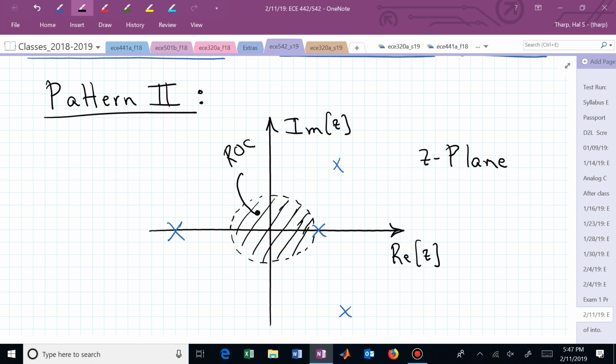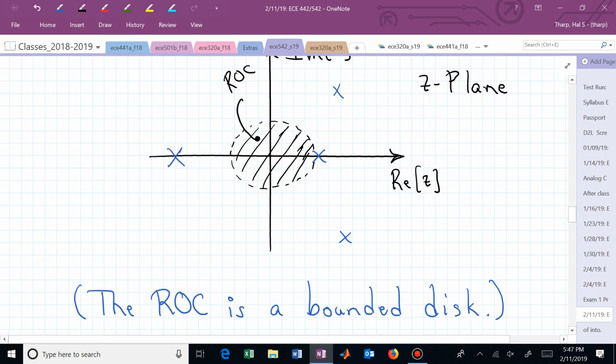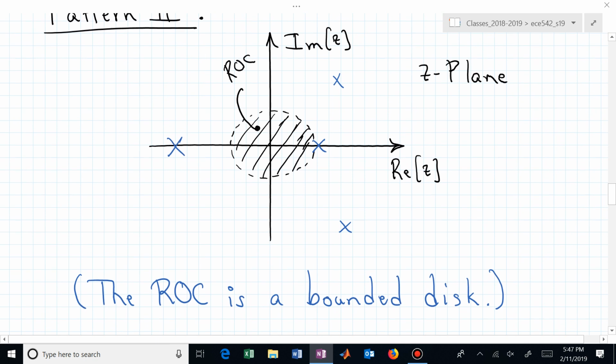All of the poles lie outside of that region of convergence. The region of convergence is a bounded disk, bounded by the pole that has the smallest radius from the origin. That's pattern number 2. I hope you can see a difference between pattern 1 and pattern 2.